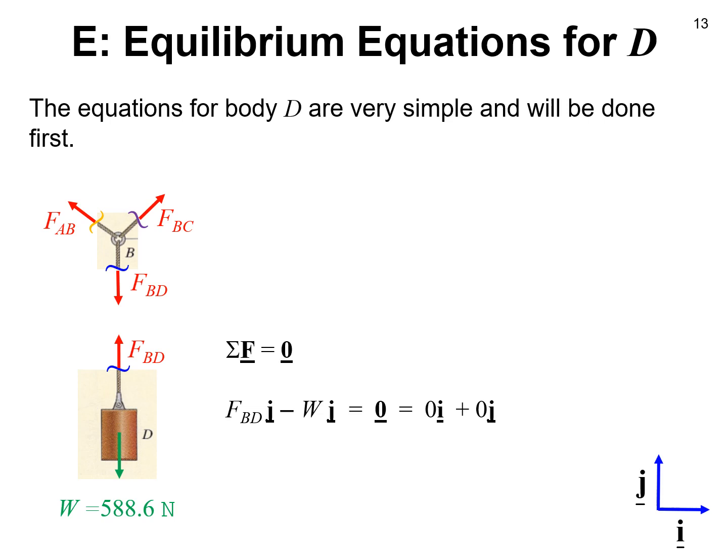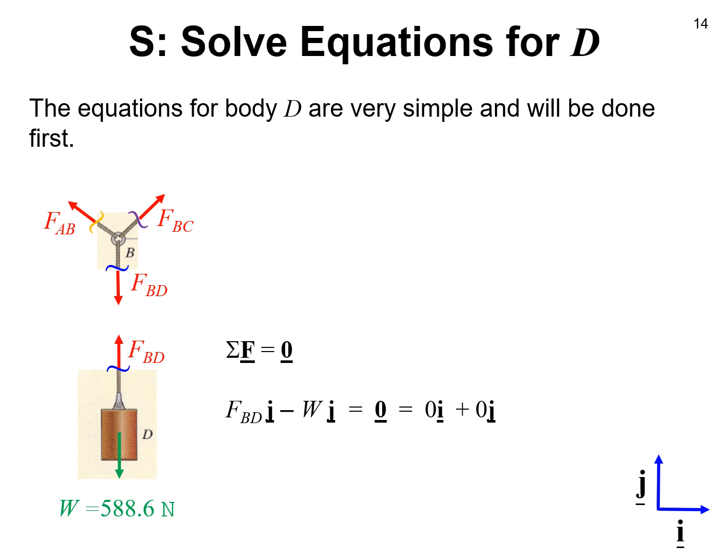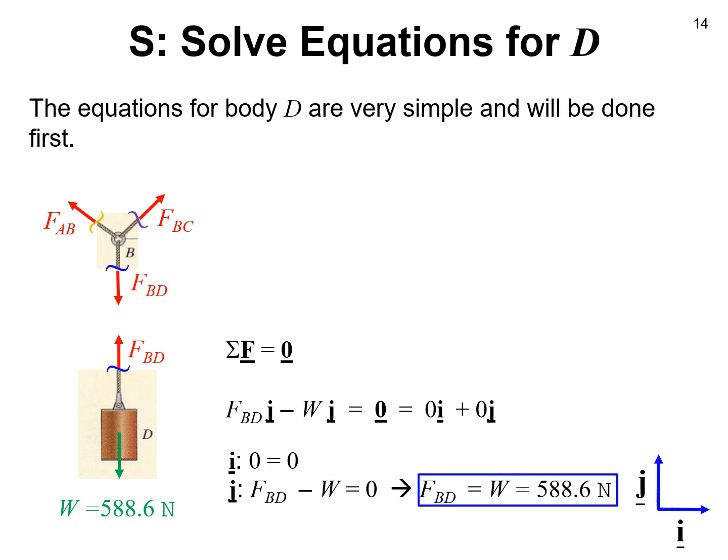If I then go on to solve this, I'll divide that system into an I and J component. In the I direction, we have 0 equals 0. But in the J direction, we have FBD minus W equals 0. And if we solve that very simply, we get FBD equals W equals 588.6 newtons.